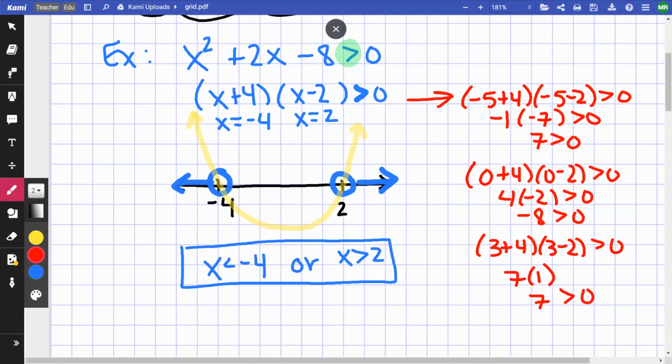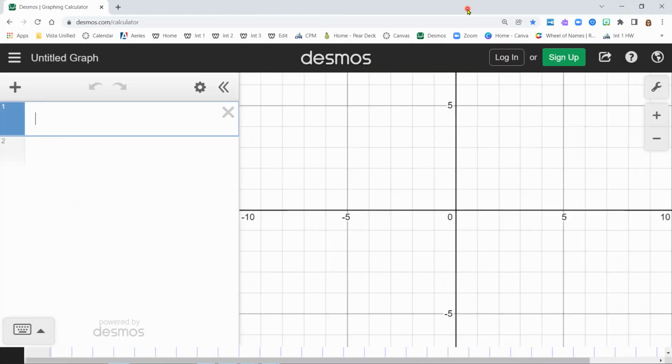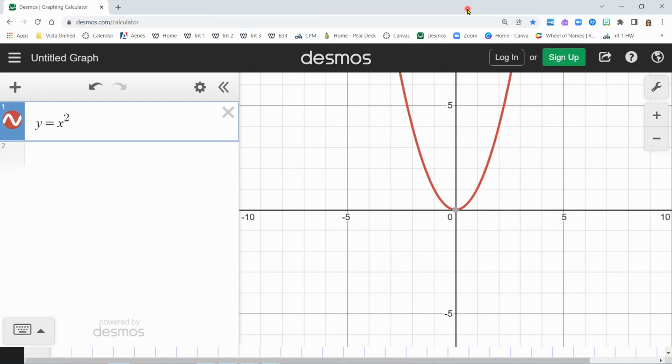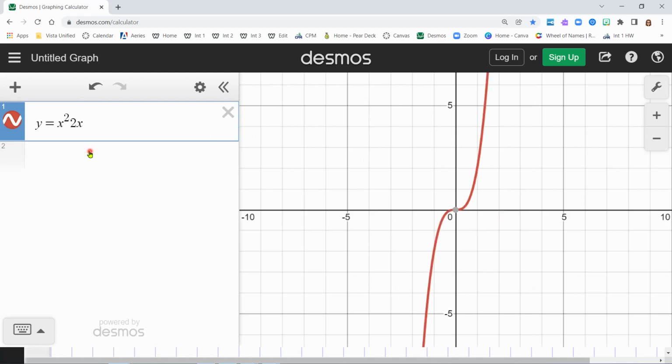So if I was to get a Desmos graph out, and type in y equals x squared plus 2x minus 8.